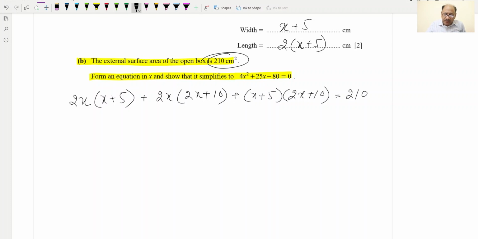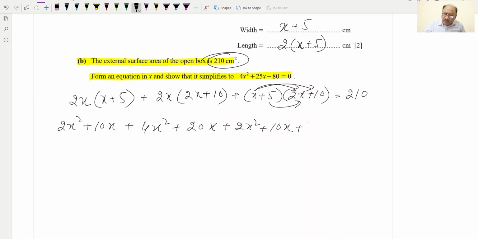Now we will open the brackets, so it will be 2x squared plus 10x, plus 4x squared plus 20x, plus x multiplied by 2x, which is 2x squared, then x multiplied by 10, plus 10x, then 5 multiplied by 2x, plus 10x, and 5 multiplied by 10, plus 50, is equal to 210.